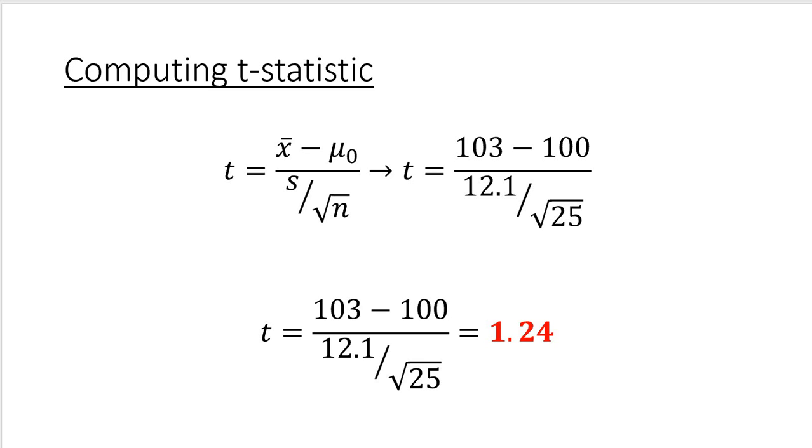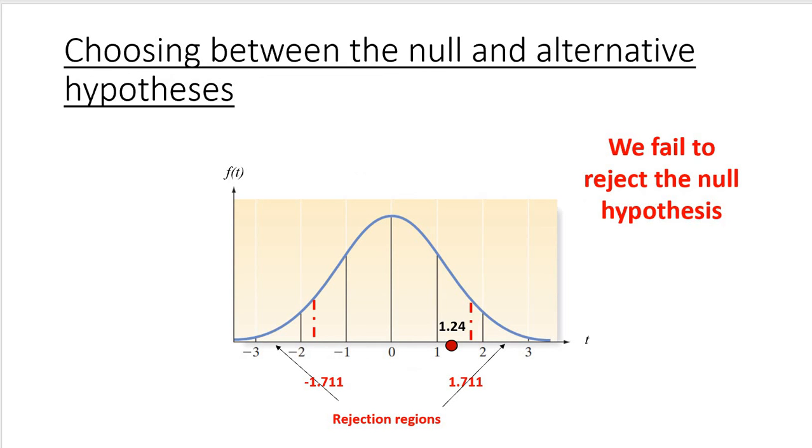Now we can go back to the t-distribution, and as you can see, 1.24 does not fall within either of the two rejection regions, which means that we cannot provide sufficient evidence for rejecting the null hypothesis, and basically we cannot reject it.